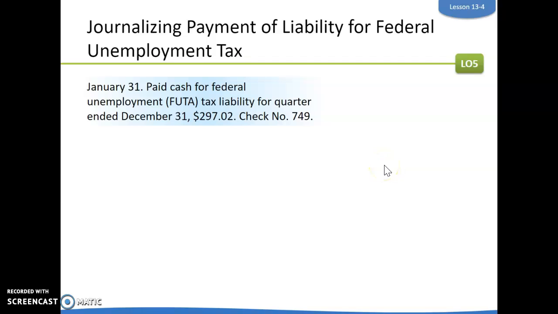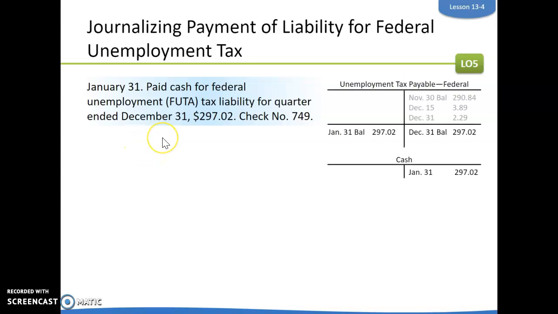Okay, so how do we journalize our payment of liability for federal unemployment tax? Because they're going to different places, we have to journalize them differently here. So, paid cash for federal unemployment tax liability for quarter ended December 31st, $297.02, check number 749. So again, in the T account of liability, my balance was $297.02.